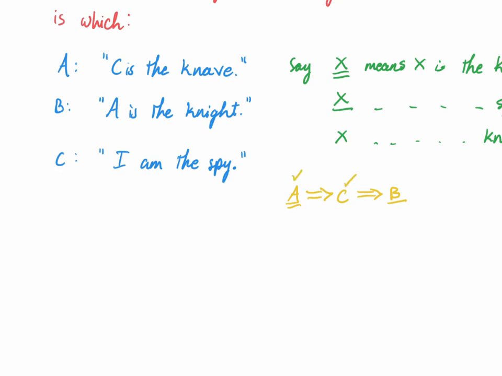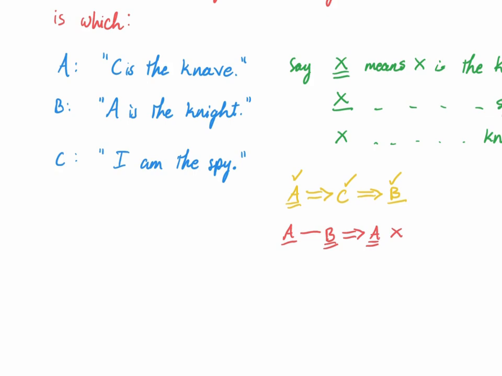Let's now move on to the next possibility, which is to assume that A is the spy. But if A is the spy, then we really have no idea whether to trust what they're saying or not, so we have two branching possibilities. I'm going to pick this somewhat arbitrarily, but I'll move on to B and say, if A is the spy, then B could be the knight or the knave, and I'll have two branching possibilities to represent that.